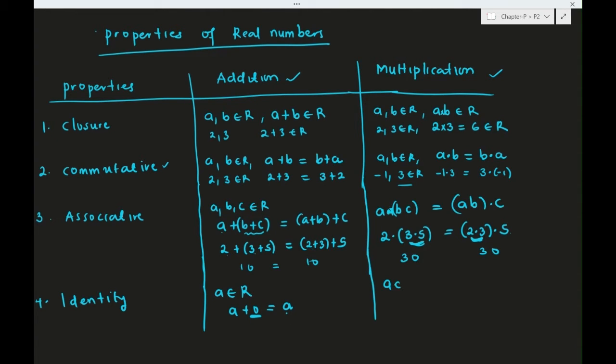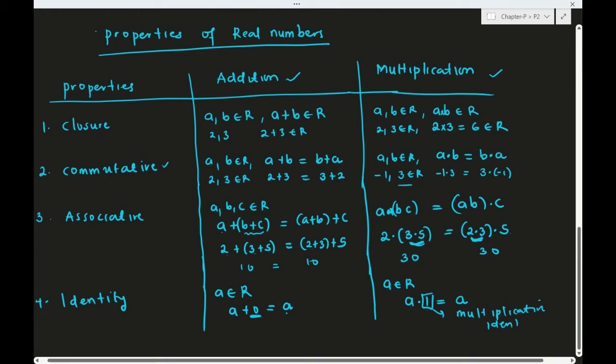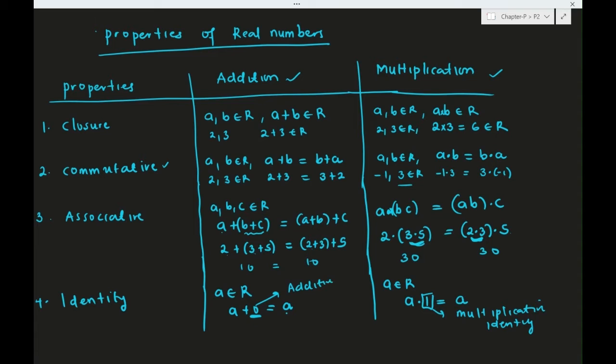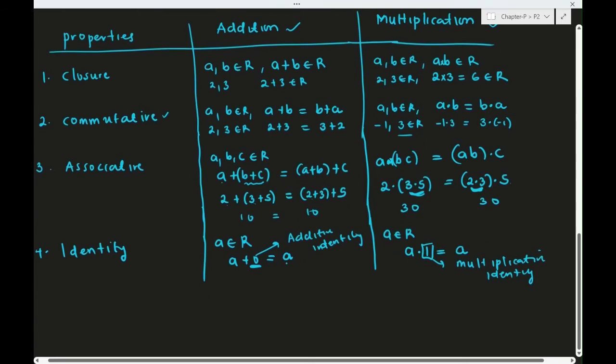While in the case of multiplication, if you take any A in R, you see that A times 1 is still going to be A. So in this case, 1 is what we call the multiplicative identity, while here 0 is what we call the additive identity as well.